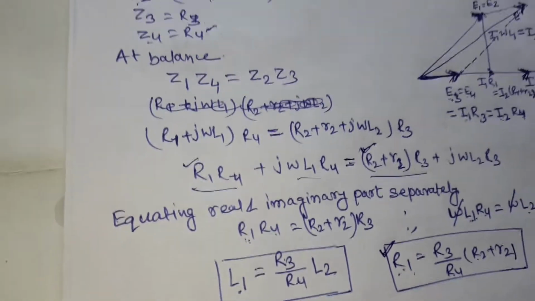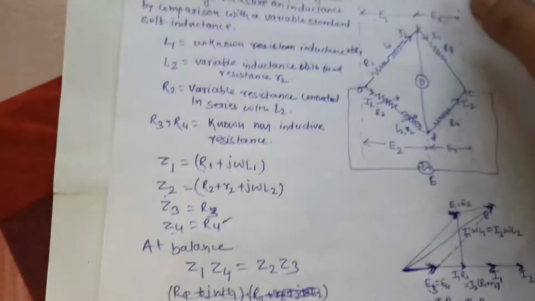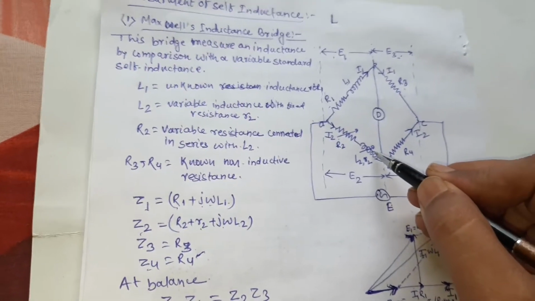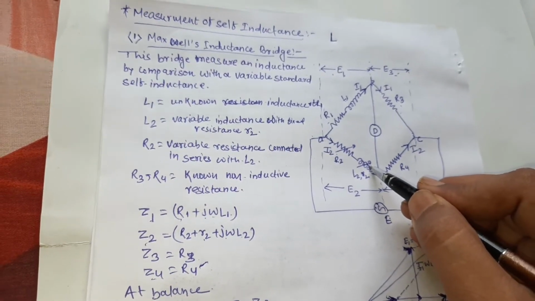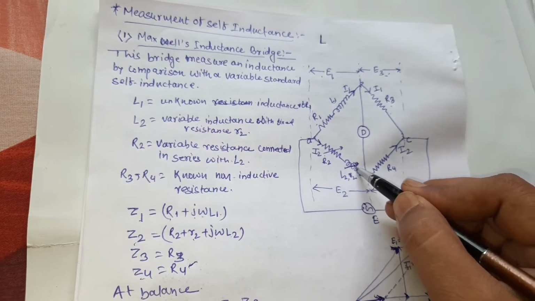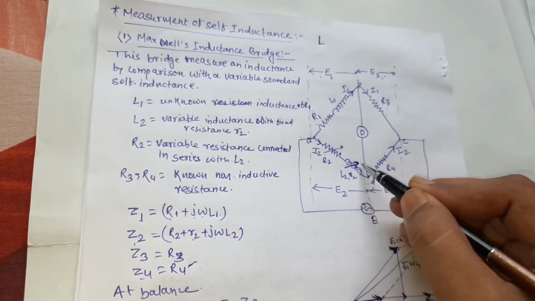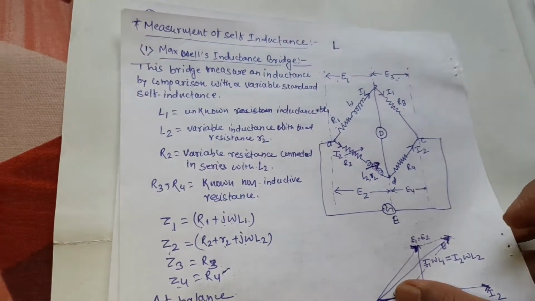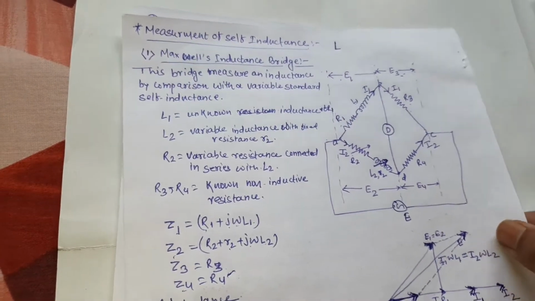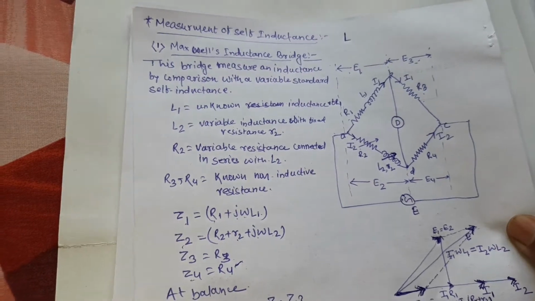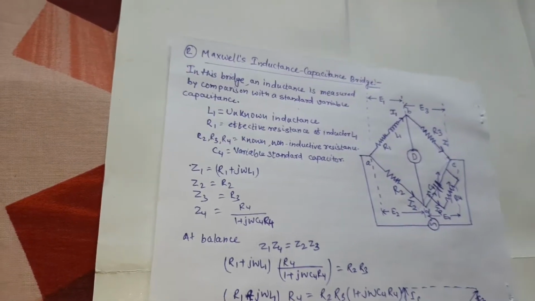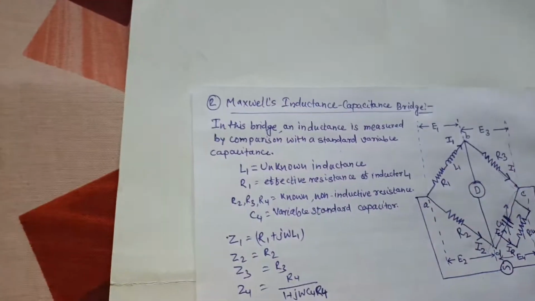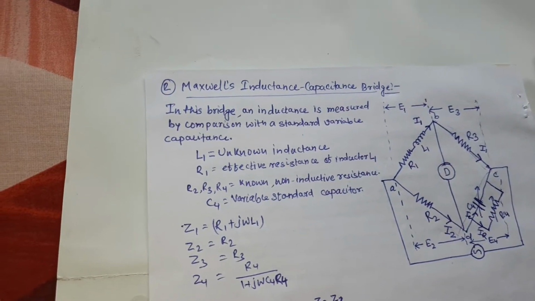There is a disadvantage: it is very costly to have a variable inductor. So the disadvantage of Maxwell's inductance bridge is overcome by a second method. The second method for the measurement of self-inductance is Maxwell's inductance capacitance bridge.